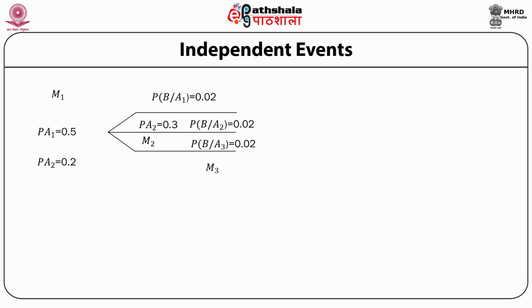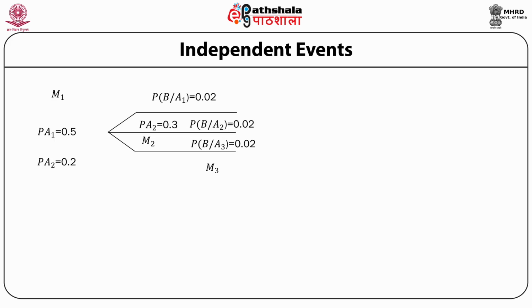Probability of A3 and probability of B given A3 are also multiplied, and we have the answer 0.0006.